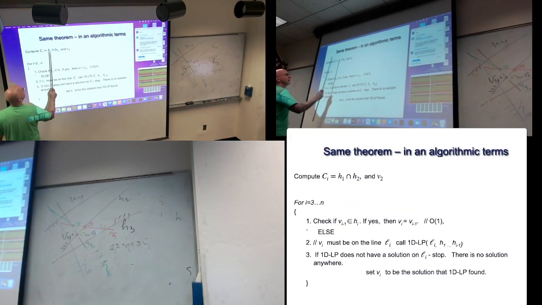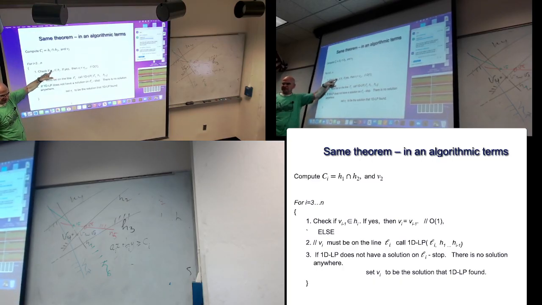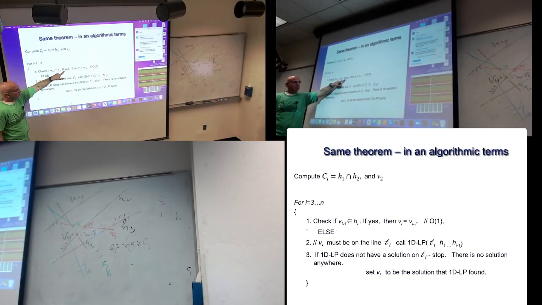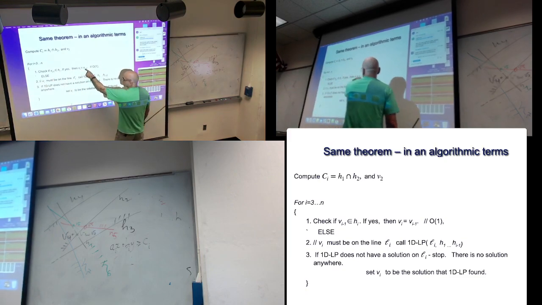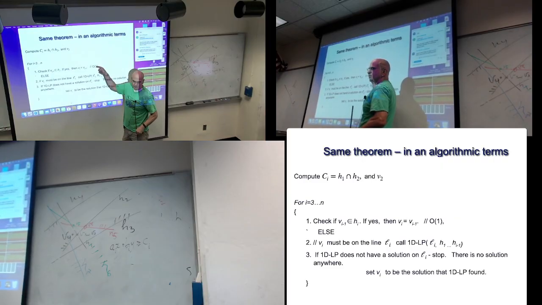Ci that I will compute is just the intersection of the first half planes. I'll compute what Vi is, which is the optimal solution when just the first two half planes are in the game. And now I'm going to add the half planes one by one. For each half plane Hi, if the previous optimal solution, Vi minus 1, belongs to it, does not violate it, then Vi is just the previous optimal solution, and it takes me constant time to check it.